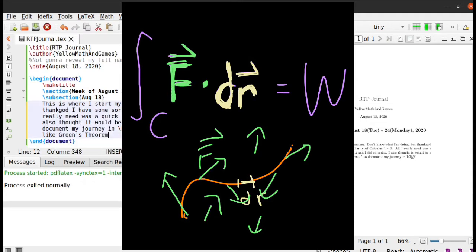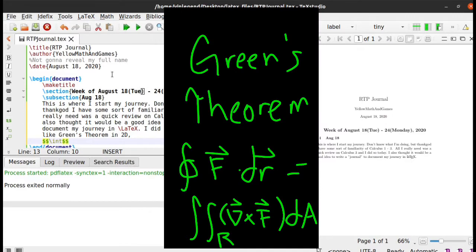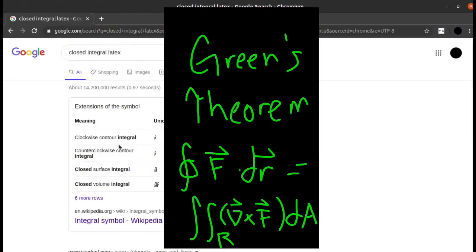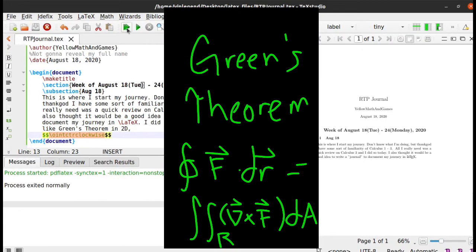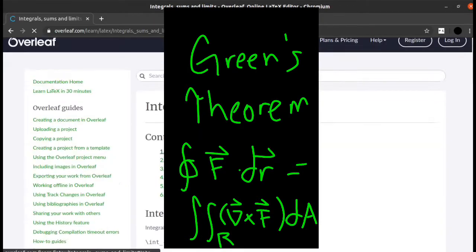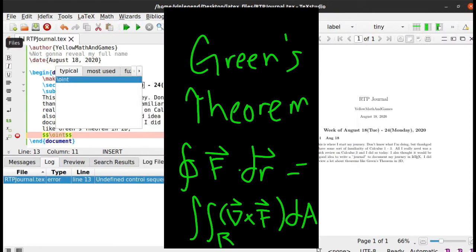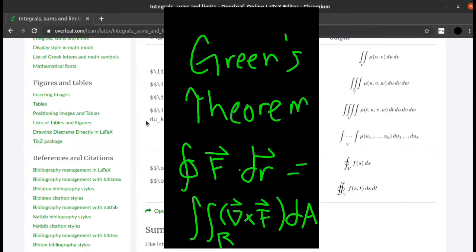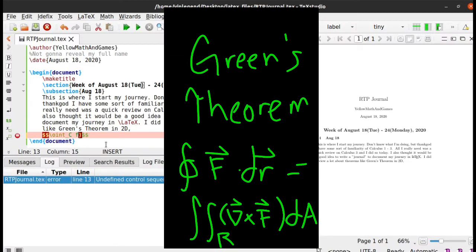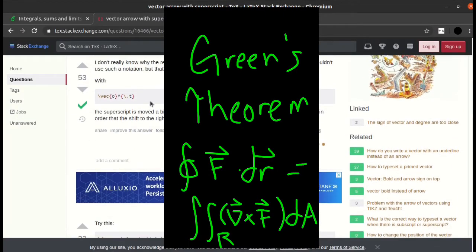So Green's theorem states that the closed integral of the dot product between the vector field and those little chunks of the line, which is dr, is equal to the double integral over the region encapsulated by the closed curve of the curl of f of the vector field times dA, which is small little chunks of area.